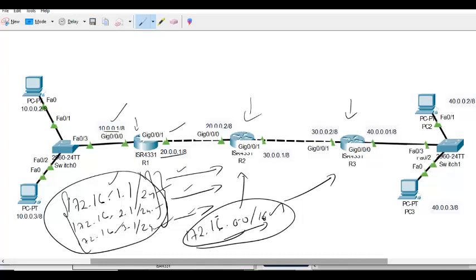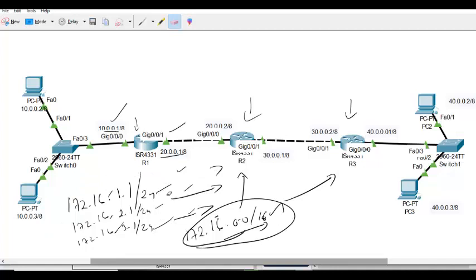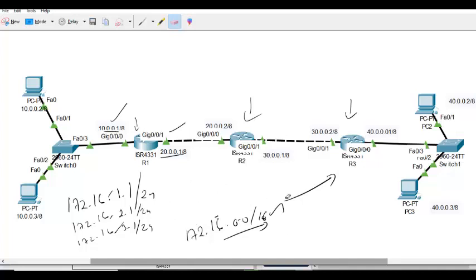For that, we have an option called virtual interface, which is also called a loopback interface. Loopback interface is a logical interface.